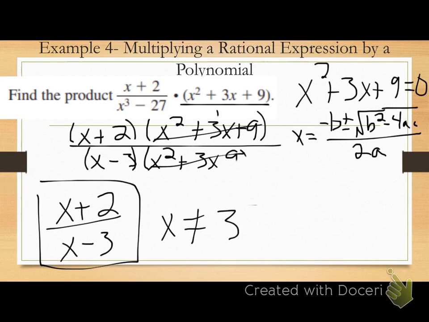If you have to use the quadratic formula, I'm okay if you skip that step. We'll just say x can't equal 3. Okay? If you wanted to find out what x could not equal also, you'd have to use the quadratic formula here. Opposite of b plus or minus the square root of b squared minus 4ac all over 2a. With that, can I go ahead and move on?